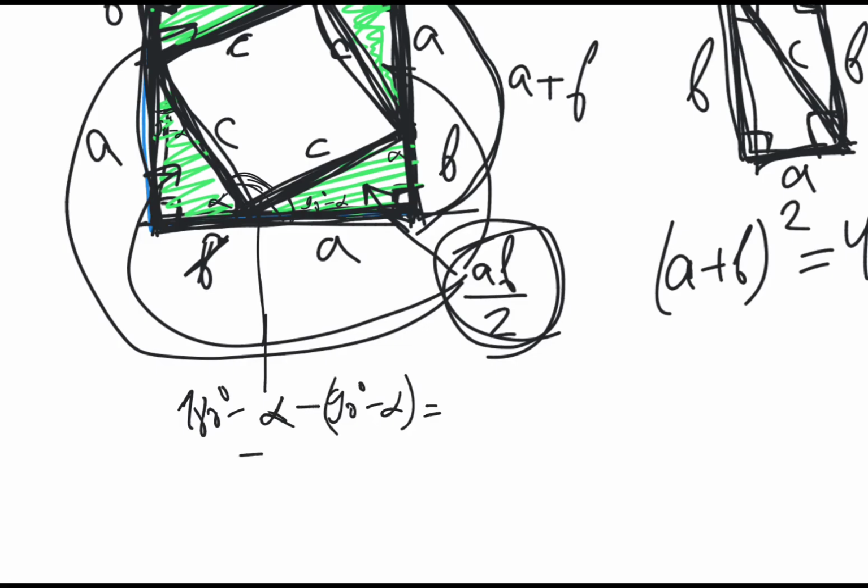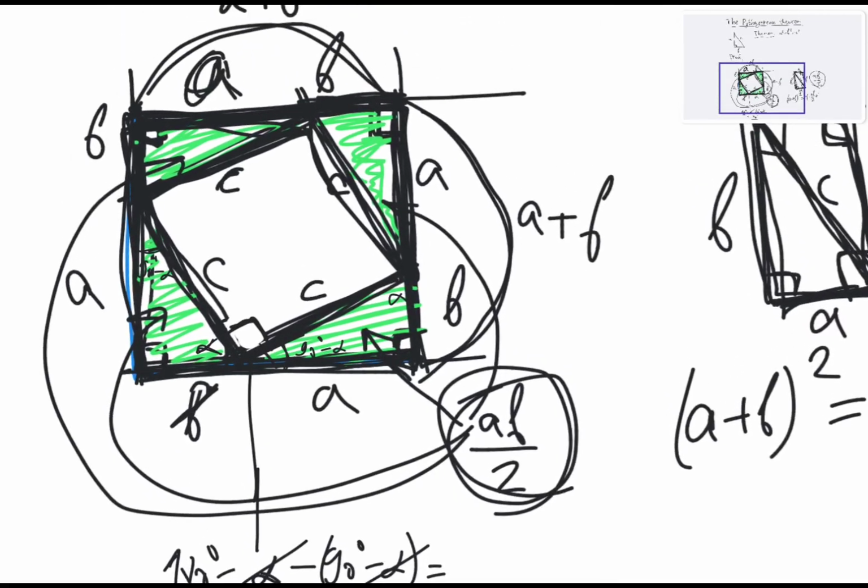So this is equal to simply 90 degrees, because minus alpha and plus alpha cancel each other, and we have 180 minus 90. So it's in total 90 degrees. So this is also a right angle. Similarly, all four of them are right angles. So therefore, this figure in the middle is a square with the side C, right?